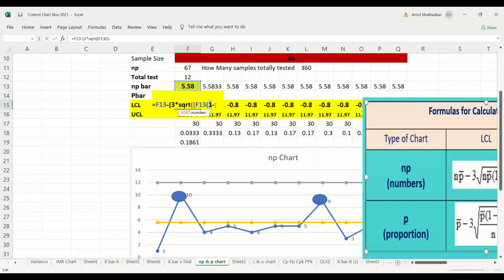Just a minute. 1 minus P bar, and you close this. Okay, 0.812 is the LCL.